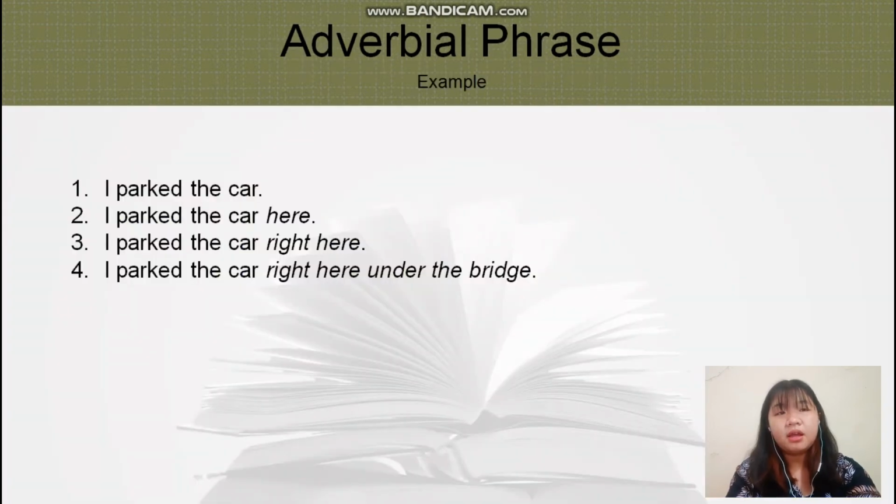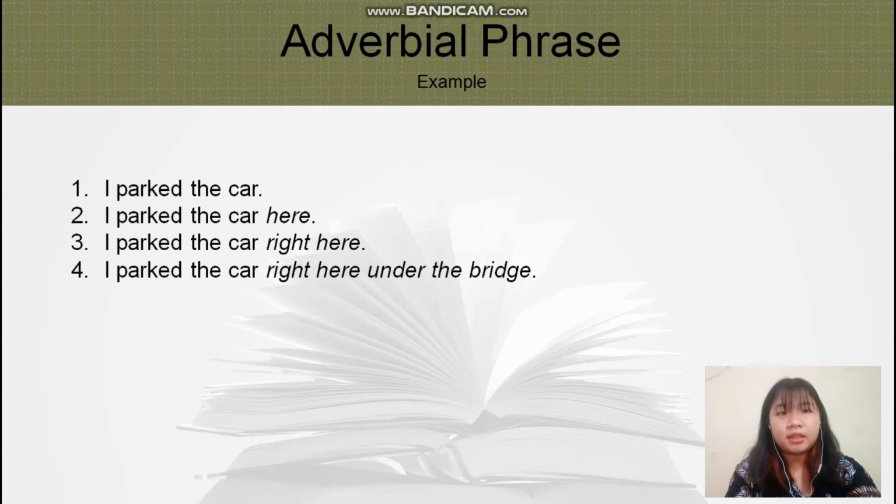The example is, I parked the car. I parked the car here. I parked the car right here. I parked the car right here and under the bright. The first sentence does not contain an adverb or adverbial phrase at all, and the second contains the adverb here to describe where the car was parked.